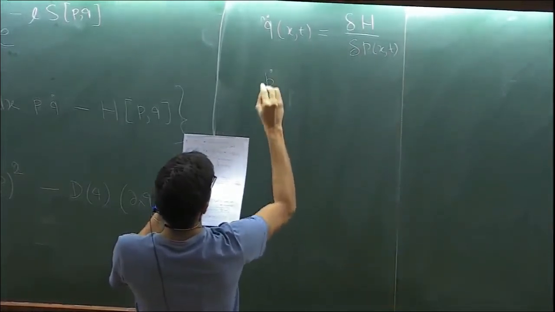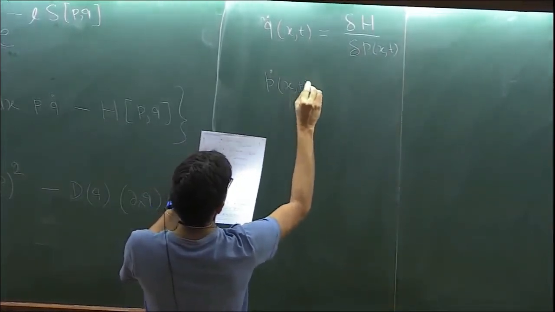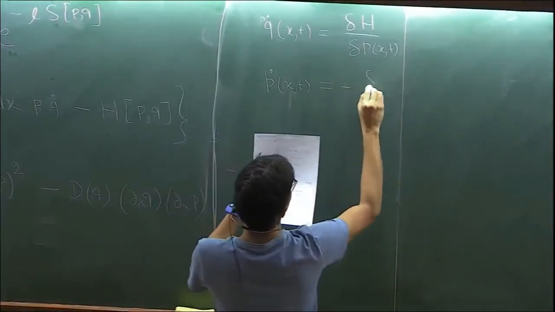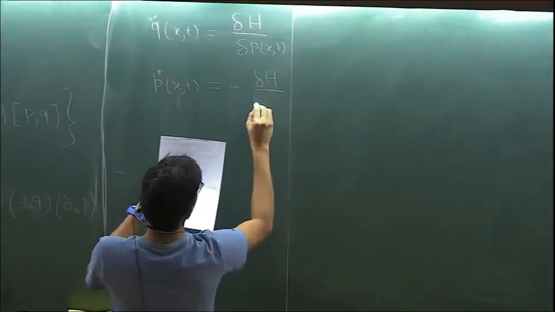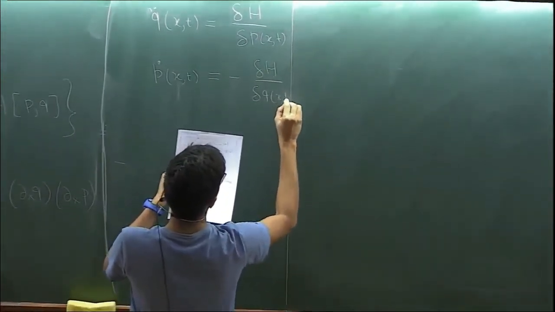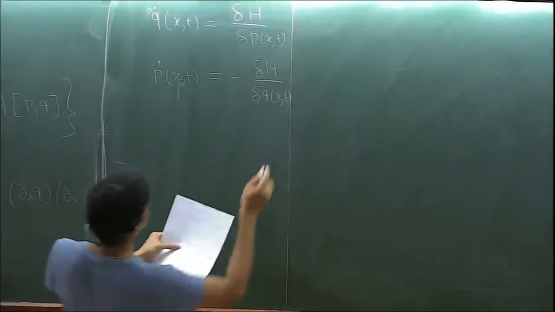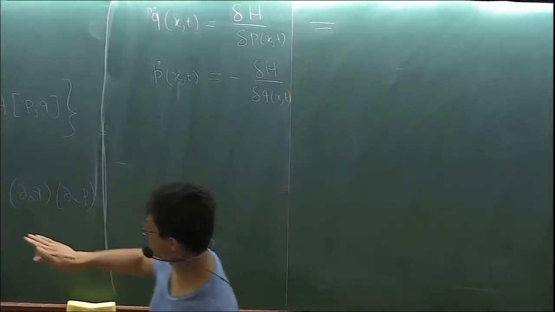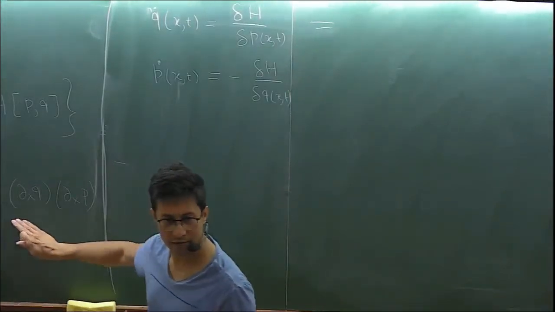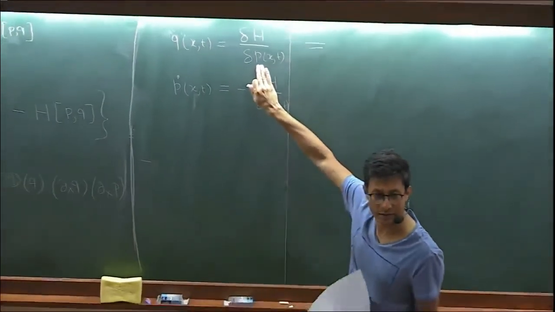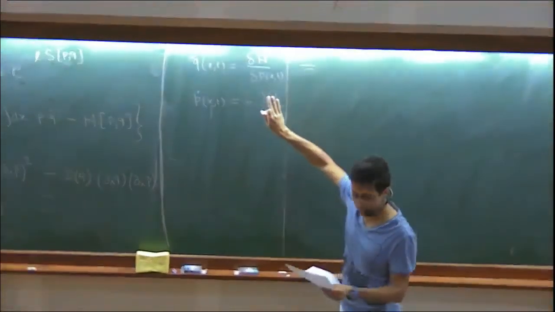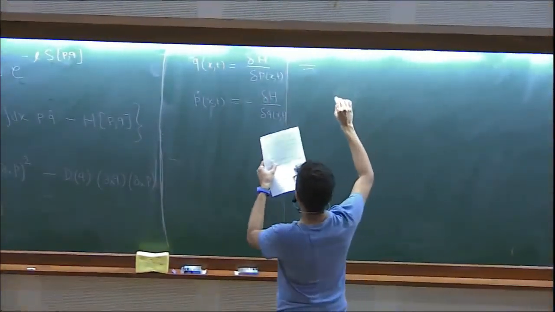The other equation is P dot equals minus del H del Q of x, t. And how does this equation look? If you start from the given expression of the Hamiltonian and take this functional derivative, which I believe everyone knows how to do, you'll get an equation.